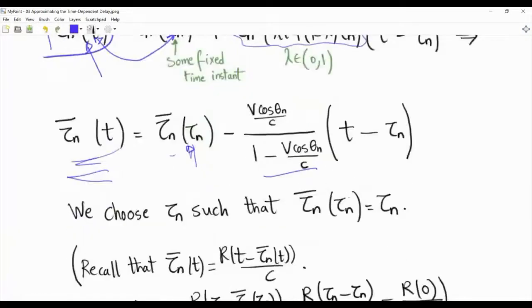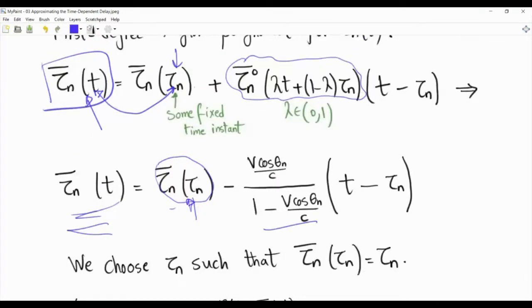Now, this is a constant. So tau of n is some constant. And for the Taylor approximation of a function that is differentiable once, you can choose this point to be anything convenient.